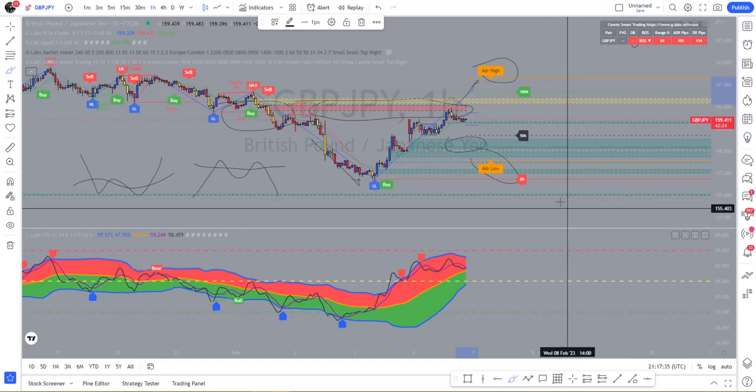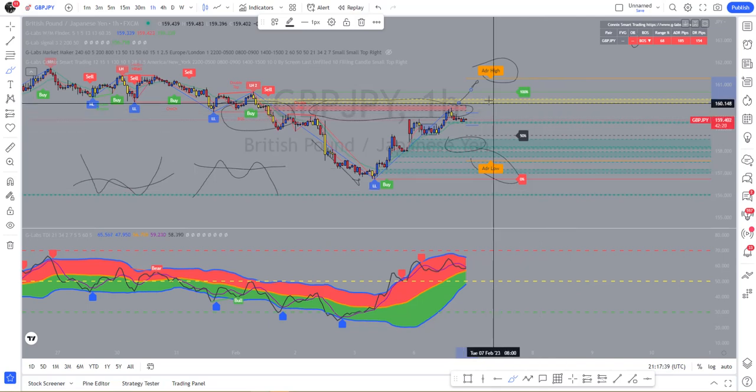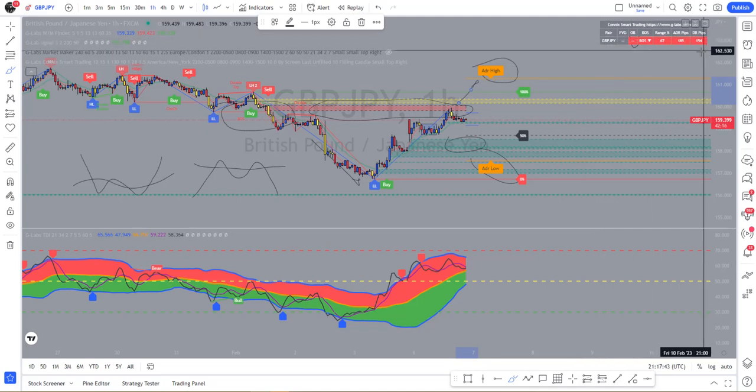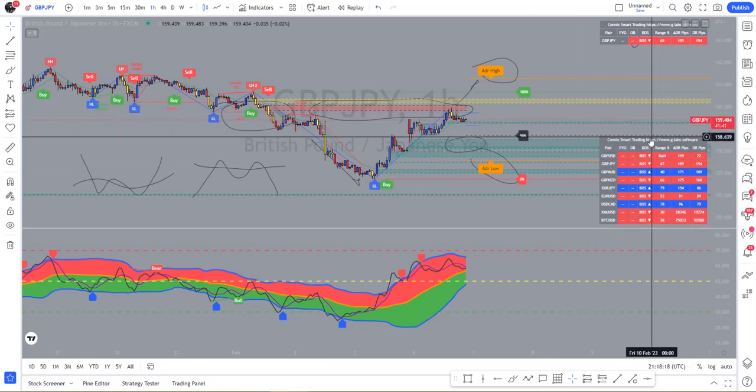Also, Market Maker and Connix Smart Trading both come with a multi-asset scanner. I'll just show you one for now, as it duplicates the information in this single asset panel. So here is the smart panel for Connix, the multi-asset panel.